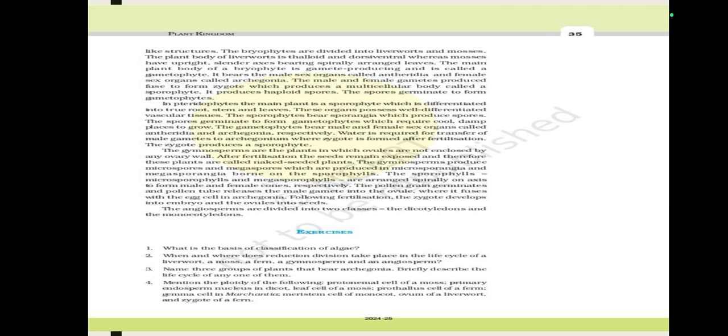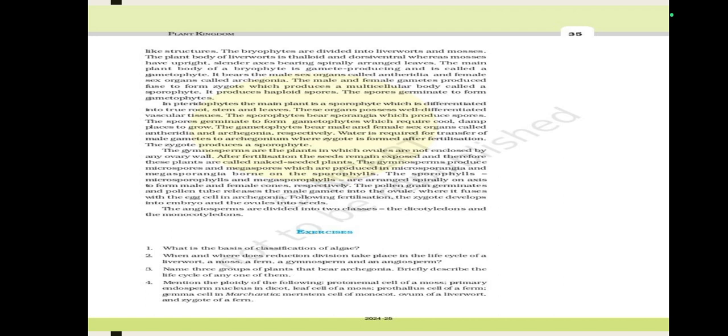The gymnosperms are the plants in which ovules are not enclosed by any ovary wall. After fertilization, the seeds remain exposed, and therefore these plants are called naked seeded plants. The gymnosperms produce microspores and megaspores, which are produced in microsporangia and megasporangia, borne on the sporophylls.